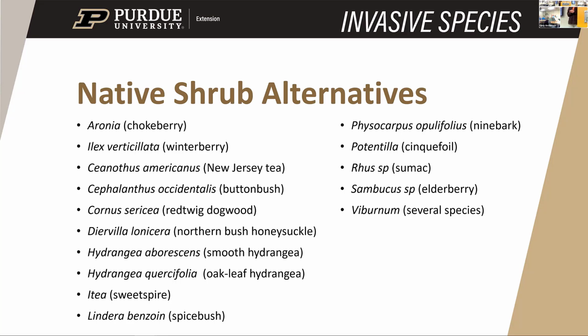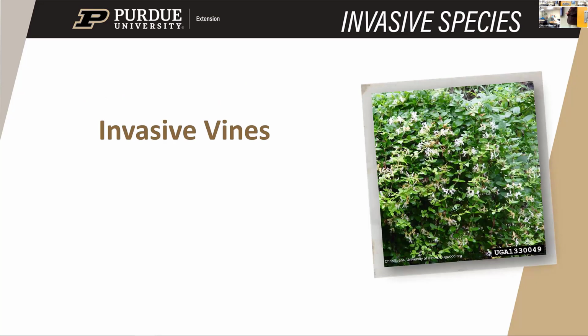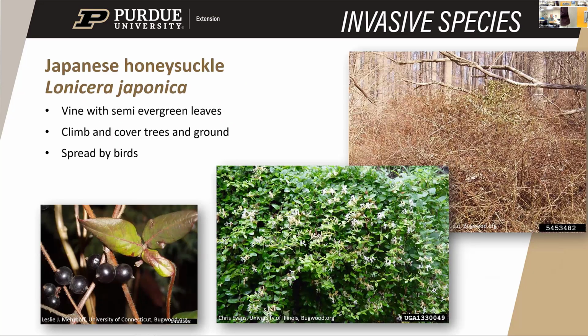So our invasive vines, Japanese honeysuckle. As you can imagine, it's native to Asia and was planted for wildlife habitat and erosion control. The twining vine can grow up to 50 feet or more into treetops. It has opposite leaves that are semi-evergreen, 2 to 3 inches long with smooth margins.